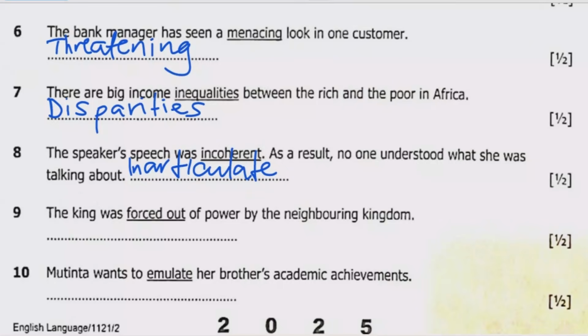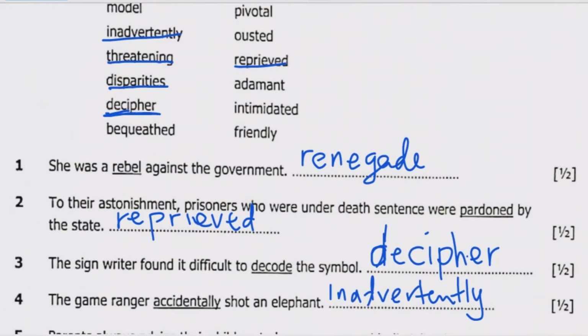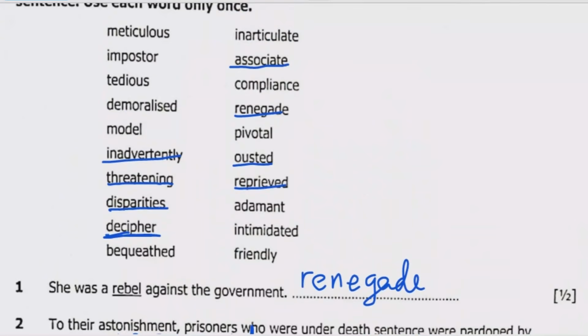The king was forced out of power by the neighboring kingdom. Which word means being forced out of power? So let's see. It's there, I've seen it. It is ousted. I've underlined this word because I'm underlining all the words I'm using.